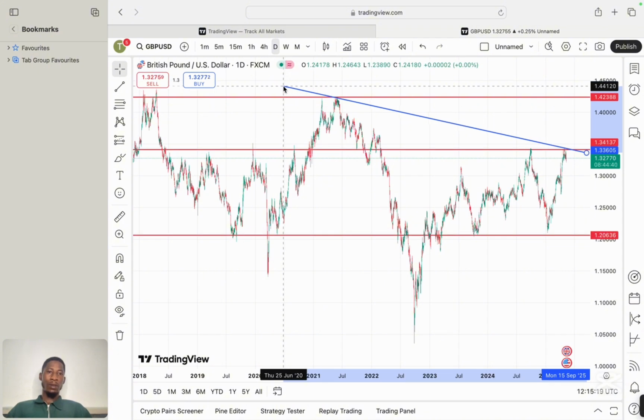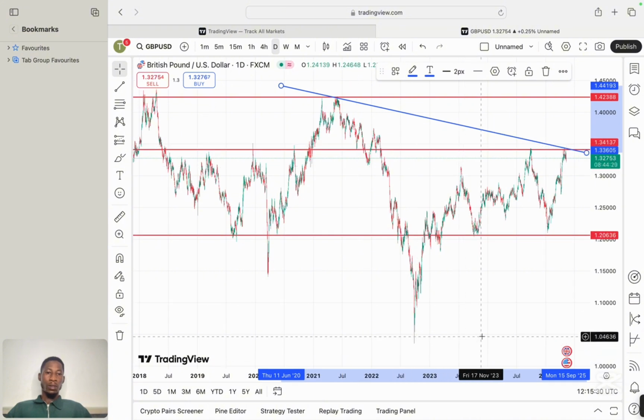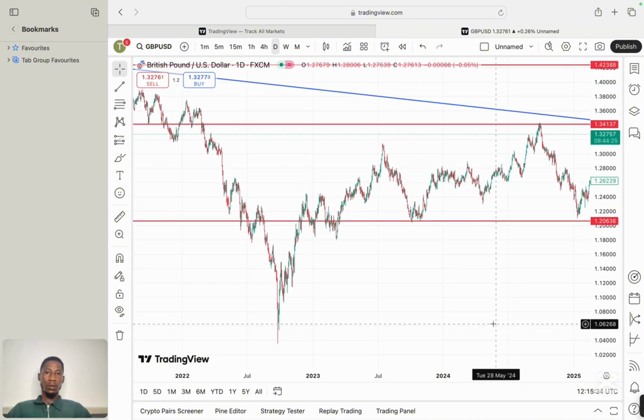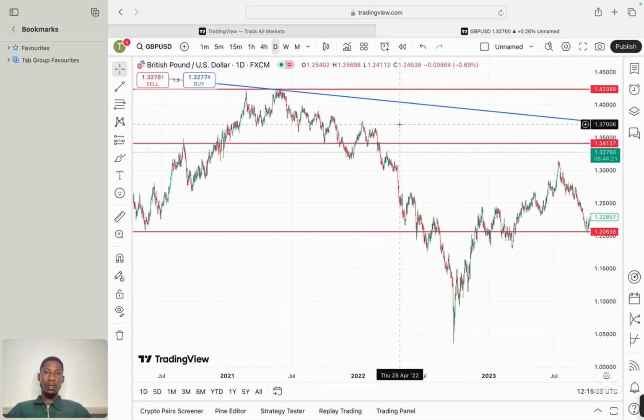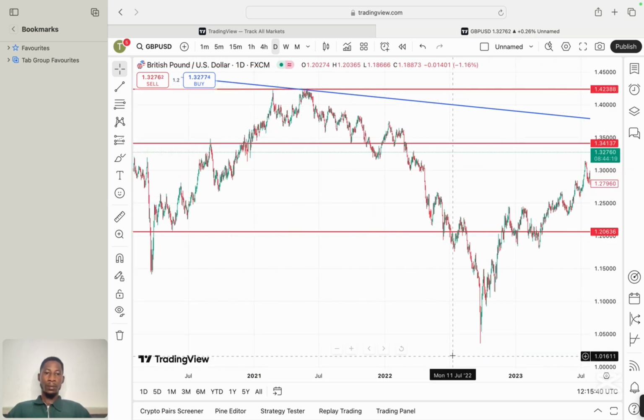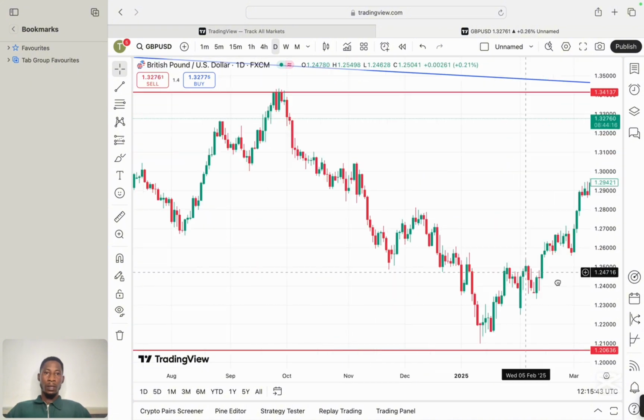Alright, so for a trend line to be valid, it has to touch two recent peaks or two troughs. As you can see, this is the first peak. Let's zoom in.